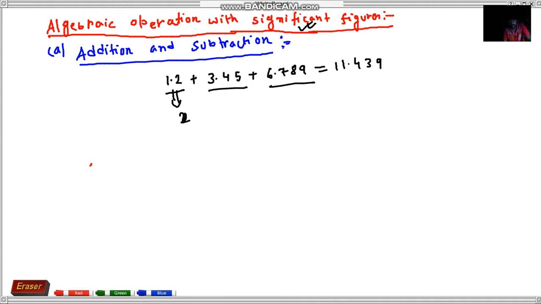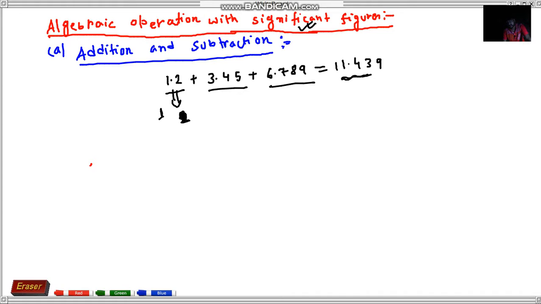Sorry, it will be after the decimal. After the decimal, the number of significant digits is 1 here, 2 here, and 3 here. And in the answer, we have to give the result up to that decimal place in terms of rounding off.